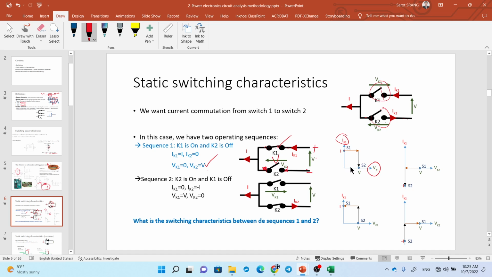I drop to 0, but V, voltage 0 here, and then this point, and then sequence 2, for VK1 current drops to 0, and VK1 is V here.